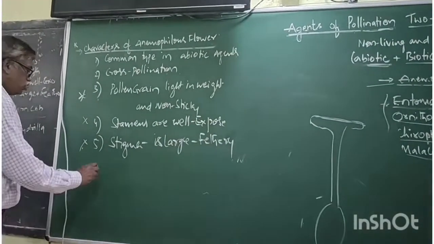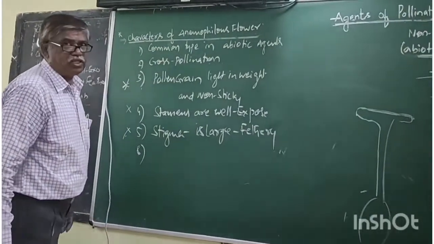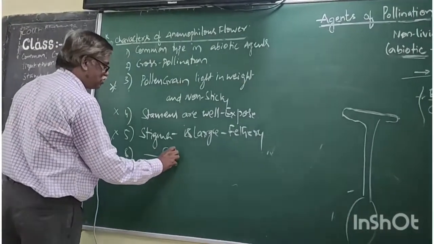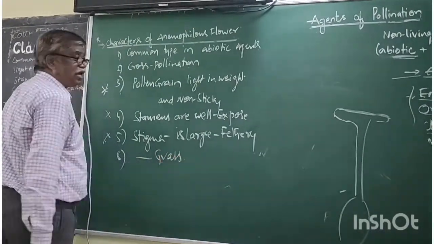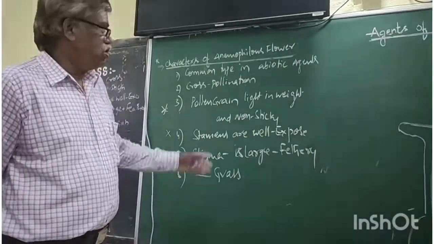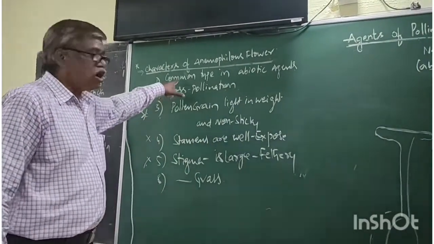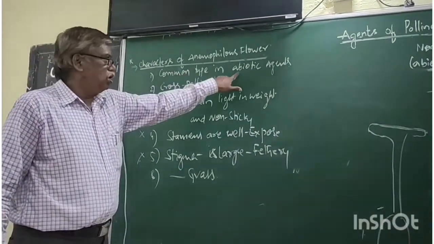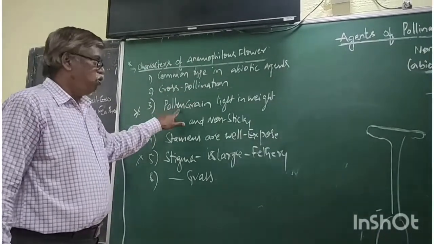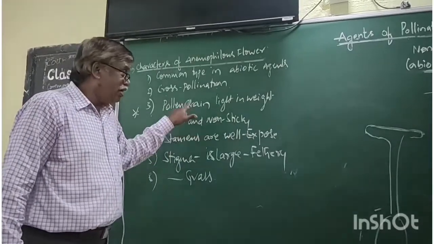Right, now come to the sixth one. Now, Amorphous flowers we can commonly see in grasses. All types of grasses, monocotyledons, generally show the Amorphous. Once again, it is a common type in abiotic cross-pollination, pollen grain light in weight, and they are non-sticky.